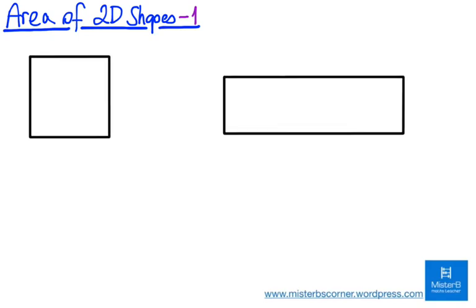So whenever I have a square or a rectangle, I just need to know the side lengths. For this square, it's 4 centimeters. For this rectangle, let's say this is 2 meters by 9 meters. To find the area, all I need to do is multiply the adjacent sides.